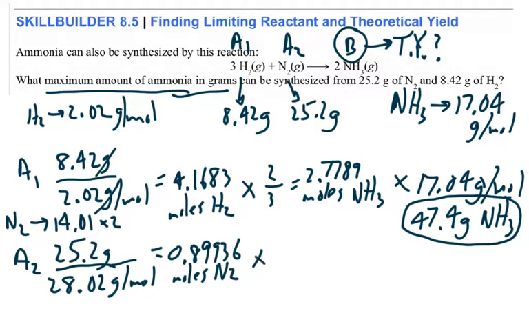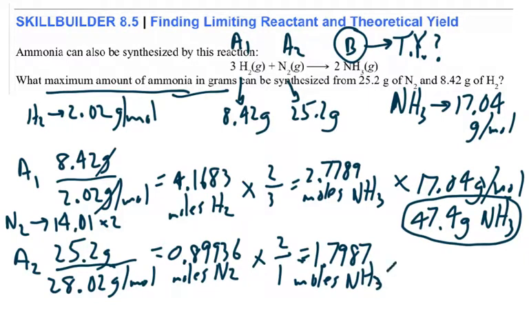The new mole ratio, B over A2, is 2 over 1, so I end up getting 1.7987 moles of NH3. So I'm going to go ahead and multiply, because the last step is to change moles to grams. So we're going to multiply by 17.04 because it's the same unknown, it's the same B. And this time I get 30.7 grams of NH3.